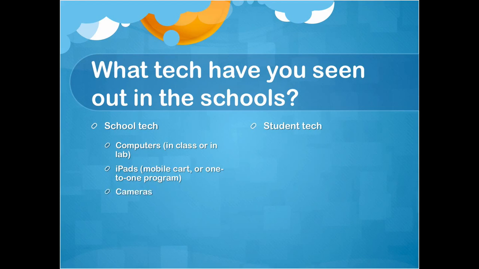Cameras, a lot of schools invest in digital cameras and camcorders to put in the hands of their students for different projects. And certainly smartboards are becoming very common, and a lot of our teachers in the Willamette Valley are using smartboards, so we're seeing that become more prevalent.